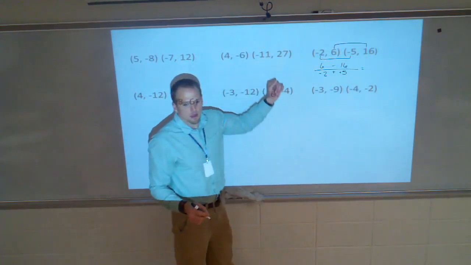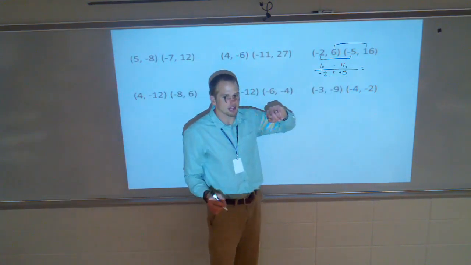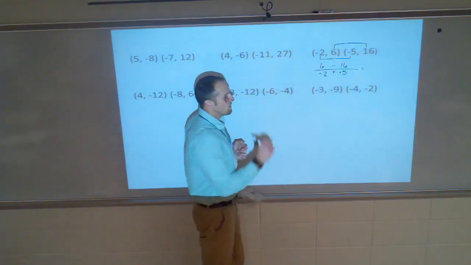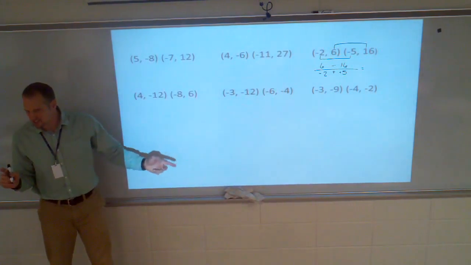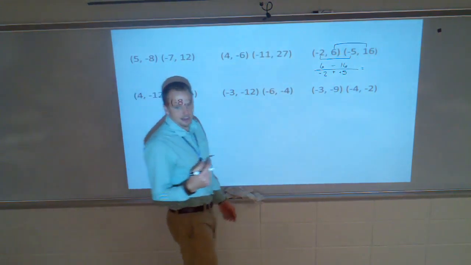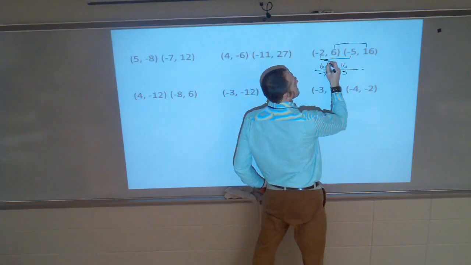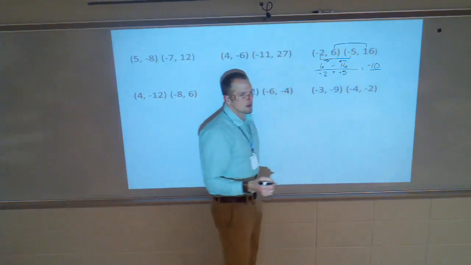On the top, Oscar, did you have this 6 minus 16? You didn't have it. Haley, what'd you have? 10. If I go up 6 and back 16, are you sure I'm at positive 10? Negative 10. Positive 6, negative 16 is going to be a negative 10. All right?